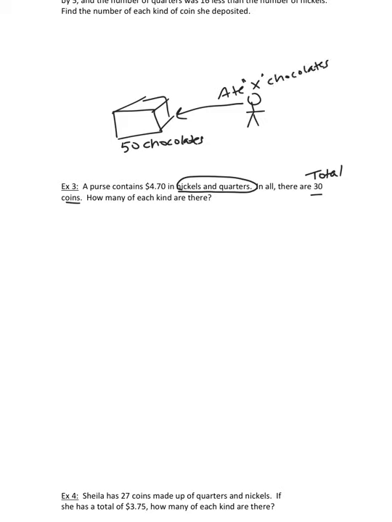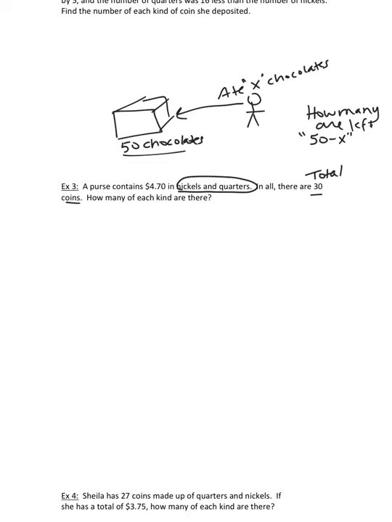So the question is, how many are left? Well, if they ate X chocolates and there were 50 altogether, then in terms of X, you would say there are 50 minus X remaining in the box.